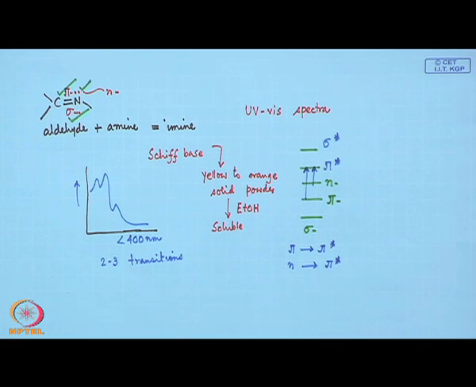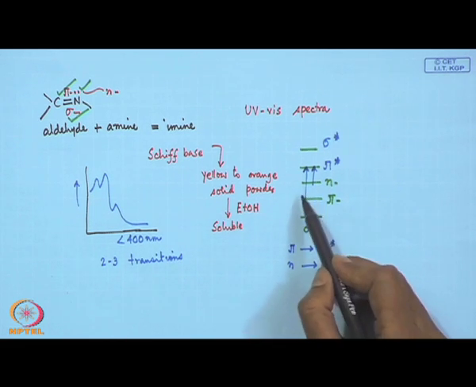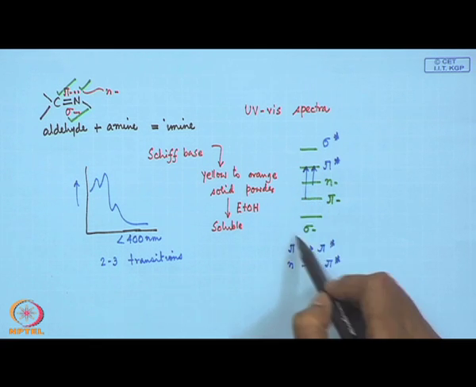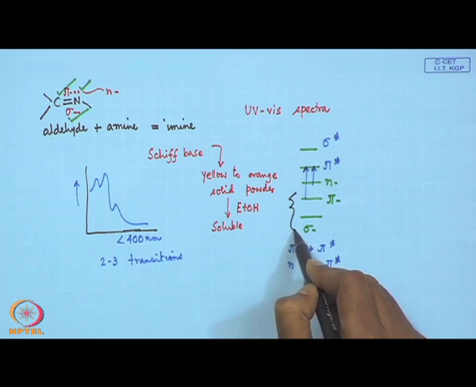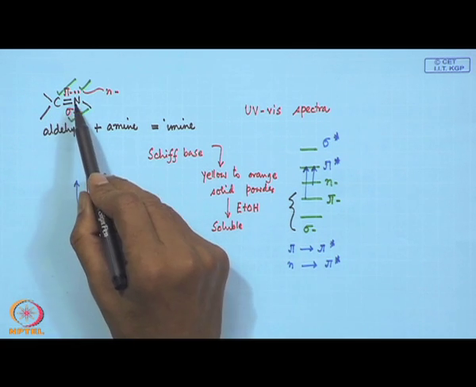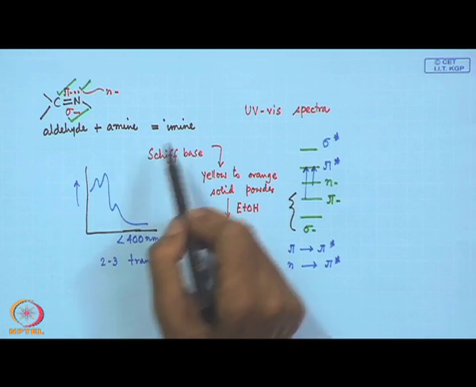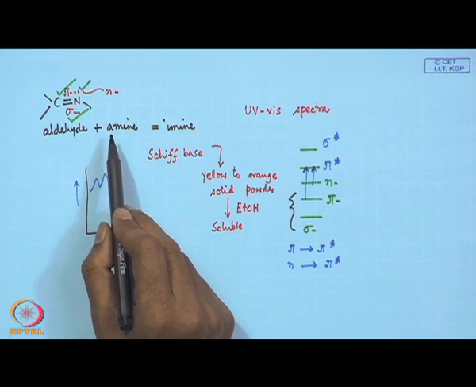So, during these spectroscopic transitions for simple organic molecules, we can have these two transitions, and these are related to the bond formation between carbon and nitrogen when we make the corresponding Schiff base from the aldehyde and the amine.